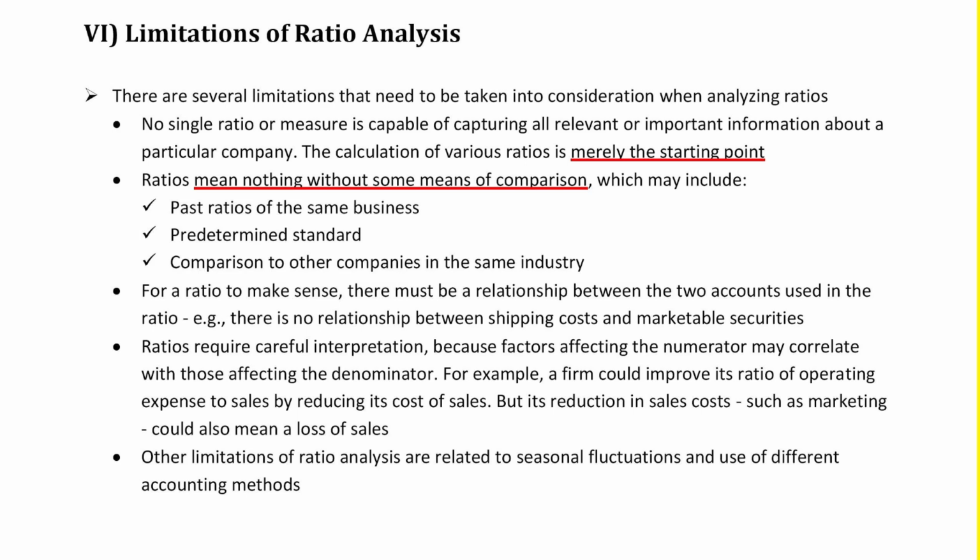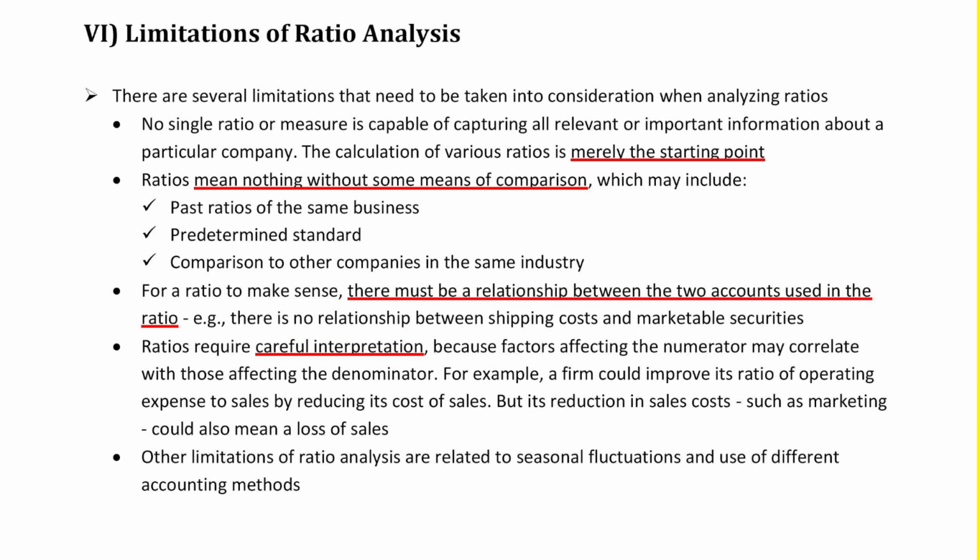Next limitation is that for a ratio to make sense, there must be a relationship between the two accounts used in the ratio. For example, there's no relationship between shipping costs and marketable securities. Next limitation is that ratios require careful interpretation, because factors affecting the numerator may correlate with those affecting the denominator. For example, a firm could improve its ratio of operating expense to sales by reducing its cost of sales.